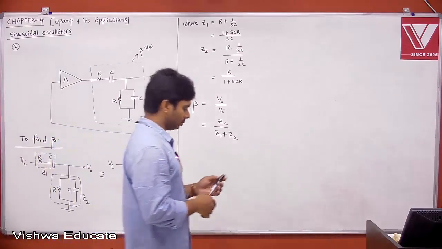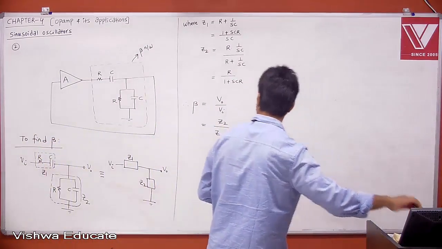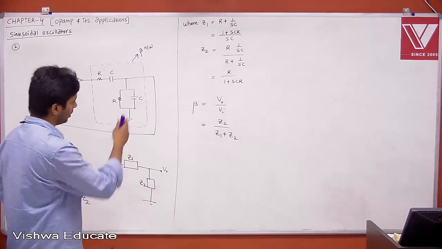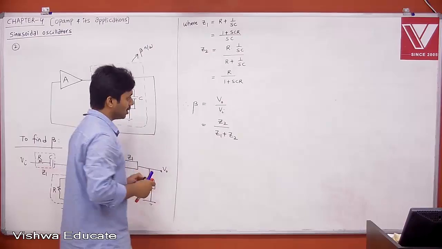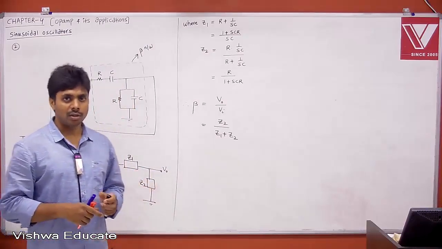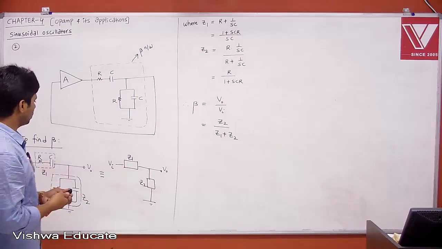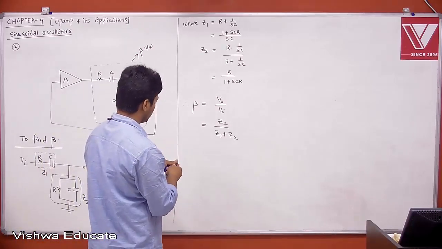Now, as I told you, did you substitute Z1 and Z2 in beta, and did you find what beta is? If you are done, fine, else let's see. Z2 is already known to you.